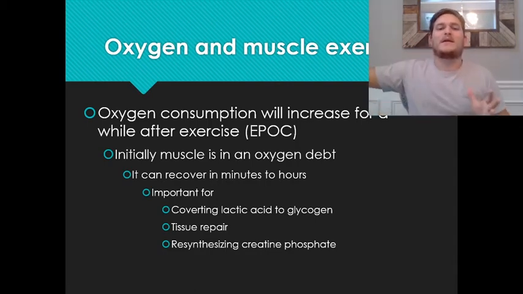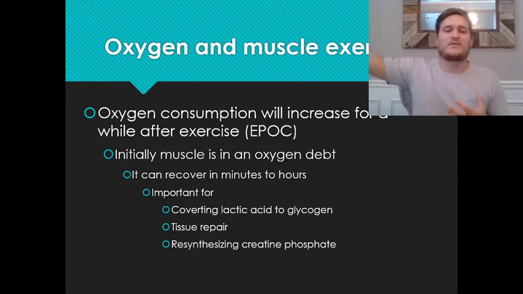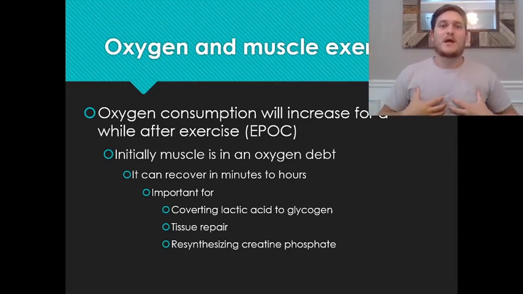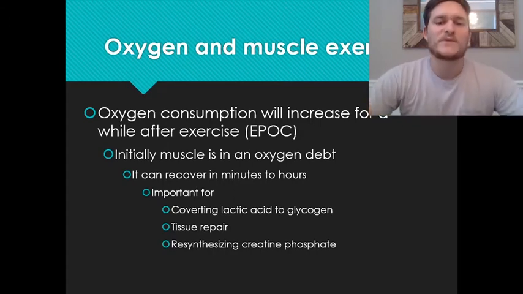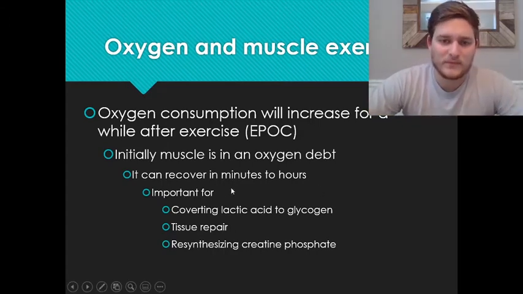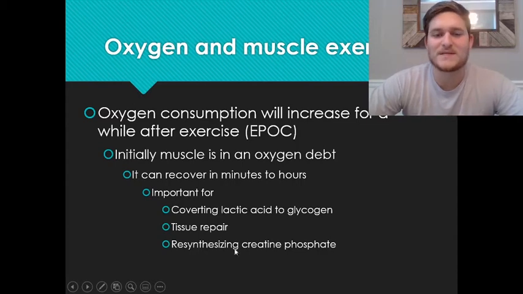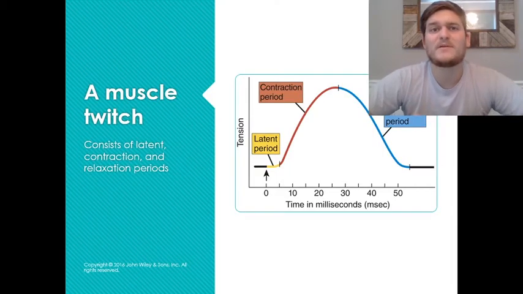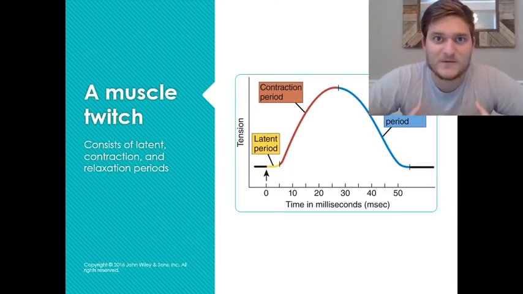And then later after the exercise, we start to make up for it by increasing our respiration. And so it's important that oxygen will be used to help convert lactic acid to glycogen for tissue repair and then resynthesizing creatine phosphate.